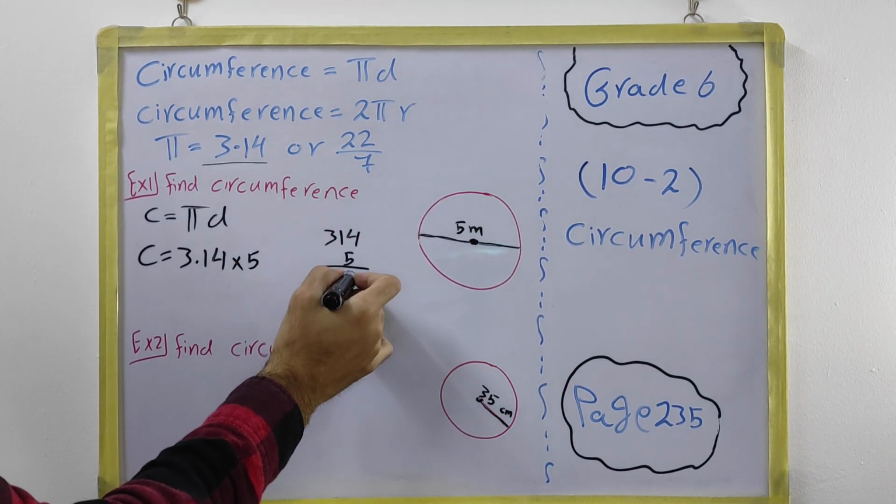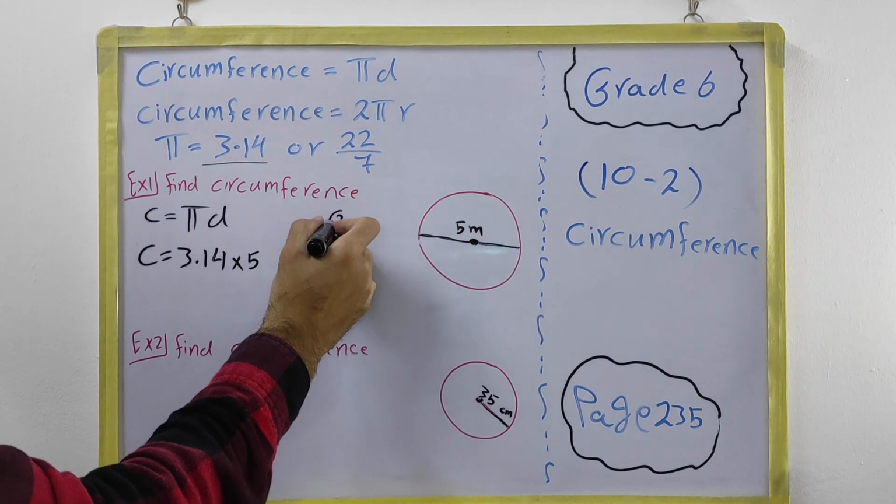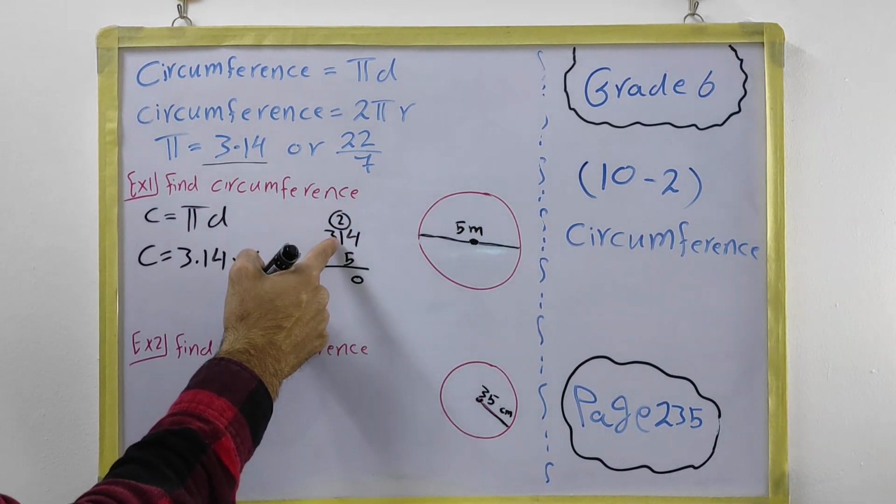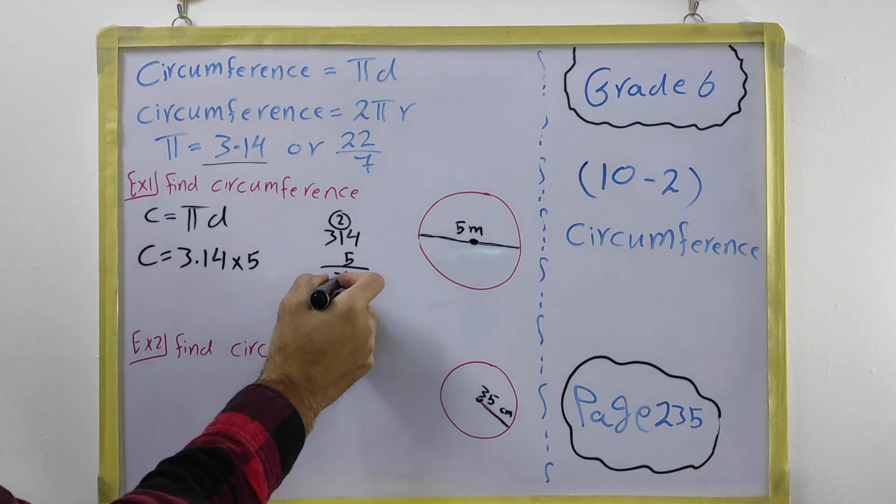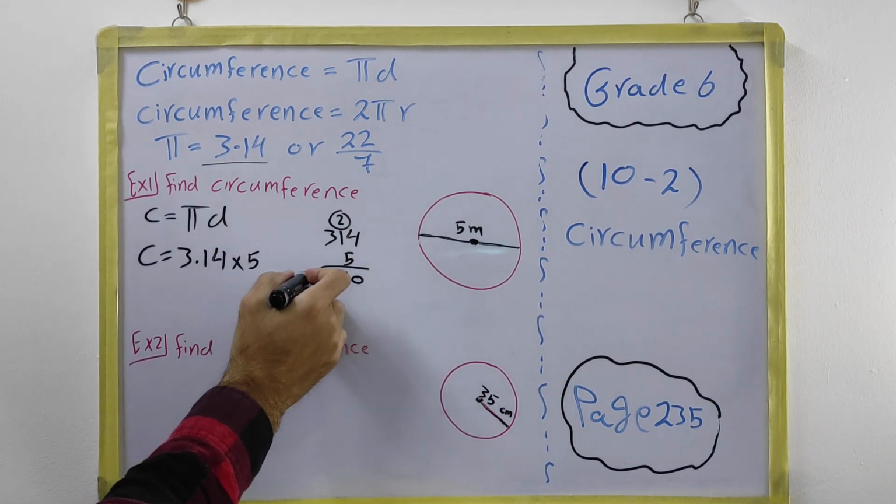5 multiply 4 is 20, 0, and 2 up. 5 multiply 1 is 5, plus 2 is 7. 5 multiply 3 is 15.